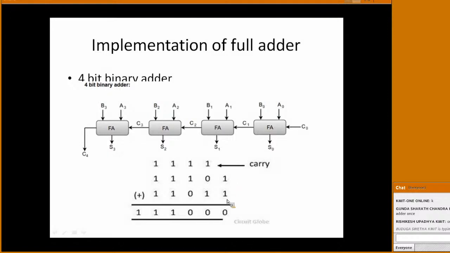Here also 1 plus 1 means 0 is the sum value, 1 is your carry value. So the full adder is responsible for addition of these two bits, and if there is a carry, that carry is also included. Any other doubts?